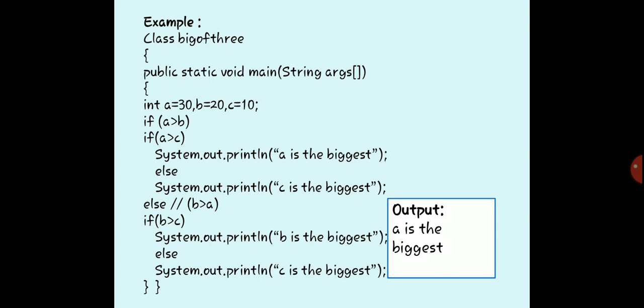Else, B is greater than A but B is less than C, so C is the biggest. In the first view of the program, you cannot understand. See it again and again, write the program, then you'll understand. It's the best example for nested if.